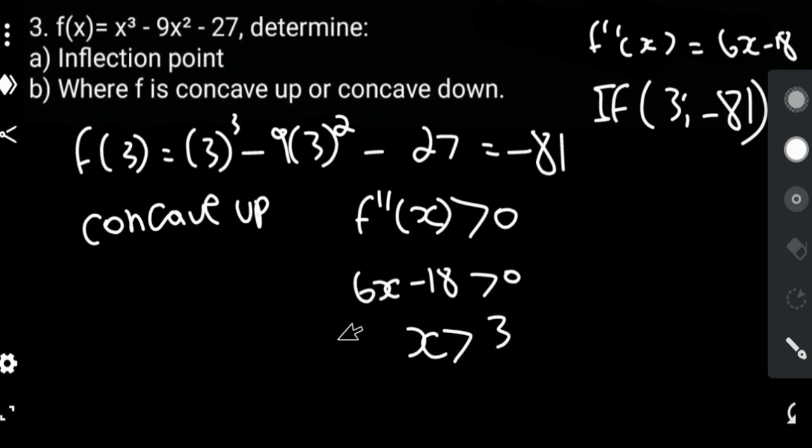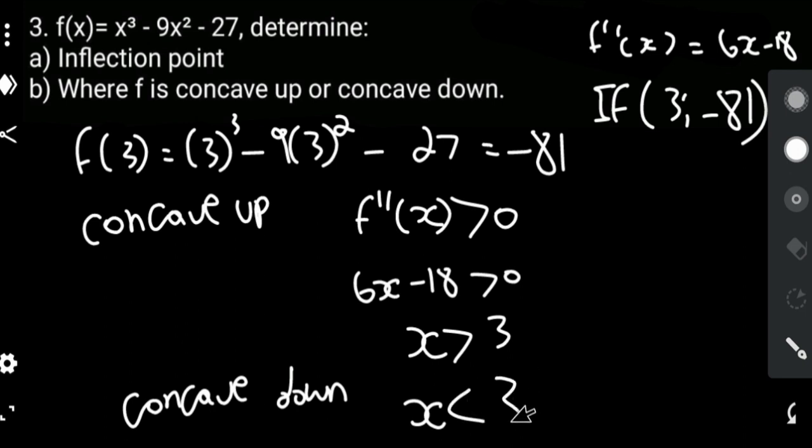For the part where the graph will be concave down, x will be smaller than 3. For all values of x that are smaller than 3, the graph will be concave down.